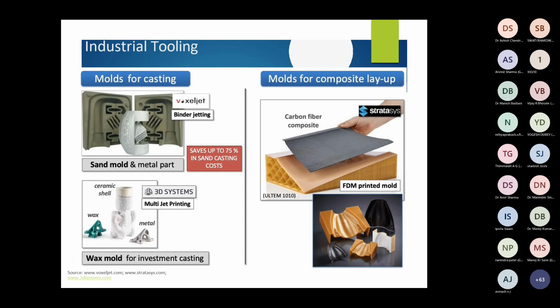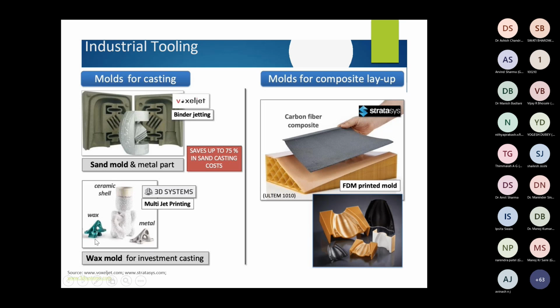If we talk about industrial tooling, here we can use the mold, we can prepare for the casting, binder jetting operation, like you can see sand mold and metal part cast. Saves up to 75% in sand casting cost. Yes, if you use additive manufacturing this way, we can save.